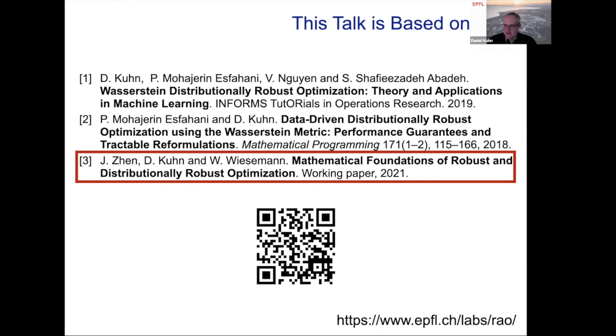Now, if the unknown true distribution is inside the ball with high probability, then the optimal value of your distributionally robust optimization problem or the uncertainty quantification problem will be an upper bound on the corresponding stochastic program, which we could solve if we knew the true distribution, with the same probability 1 minus beta. So you know that you're on the safe side with high probability 1 minus beta.